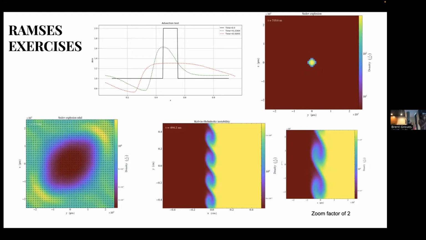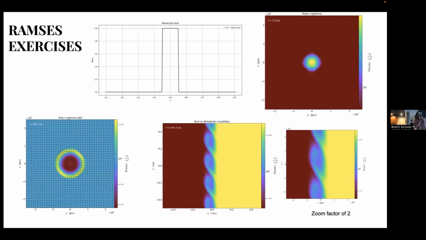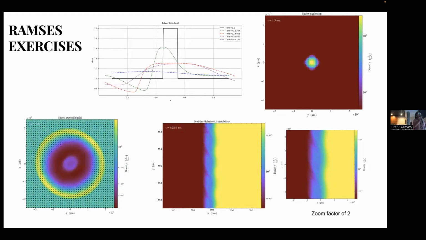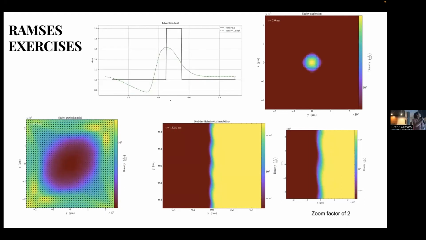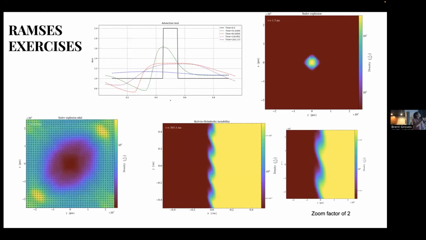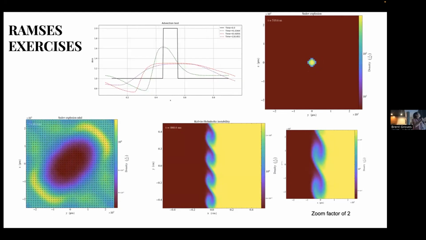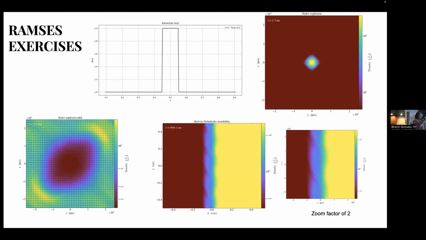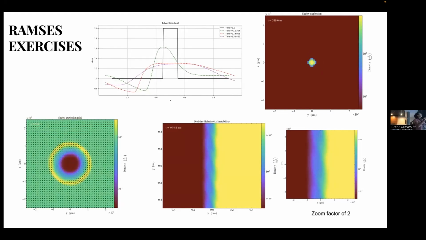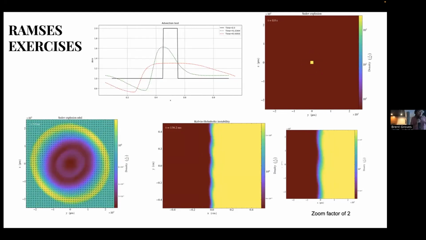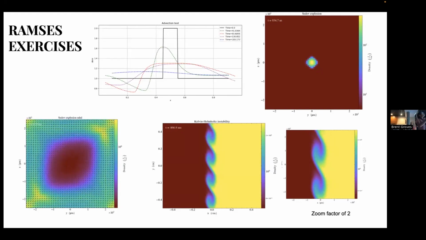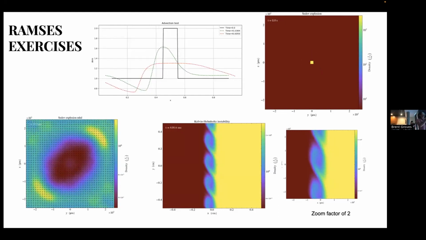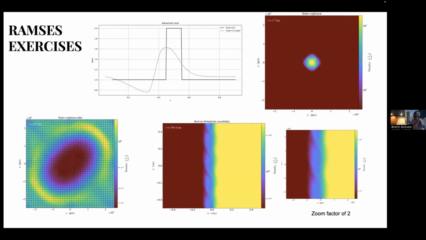yt is very useful to analyze and visualize astrophysical simulations. Then I added the magnetic field in all directions. With yt, I visualized the magnetic field lines. And finally, we finished with the Kelvin-Helmholtz instability.